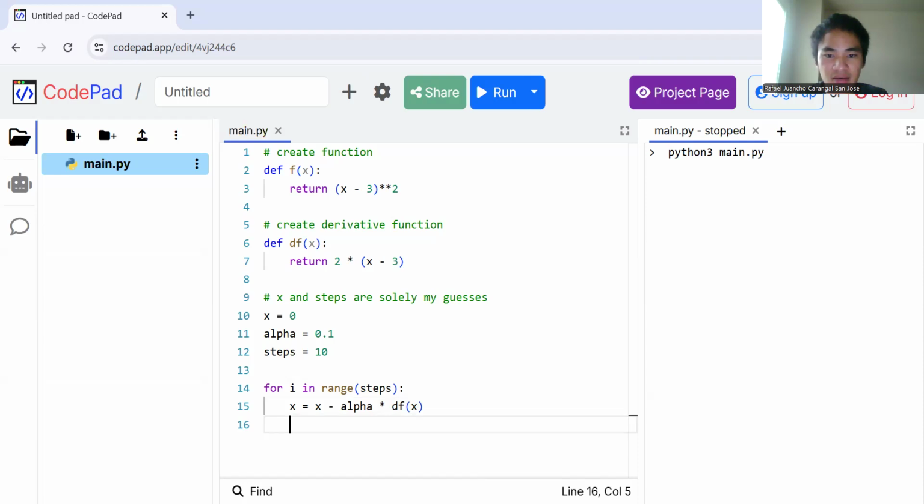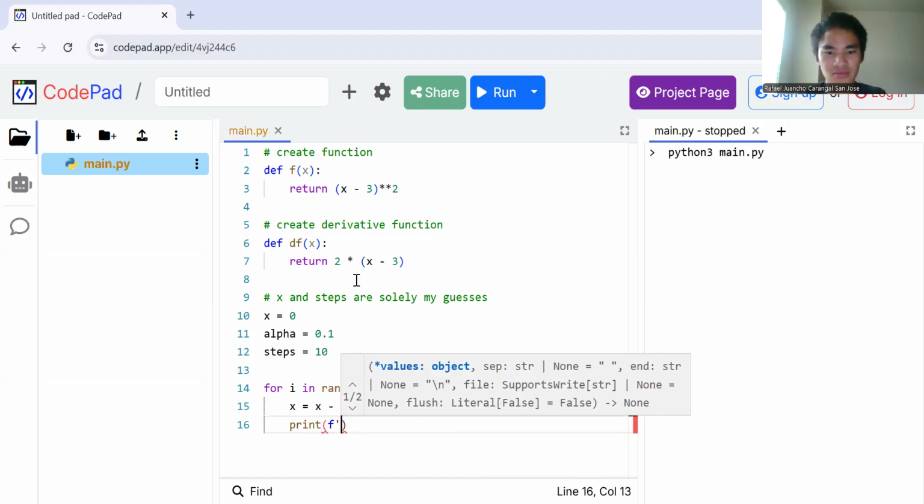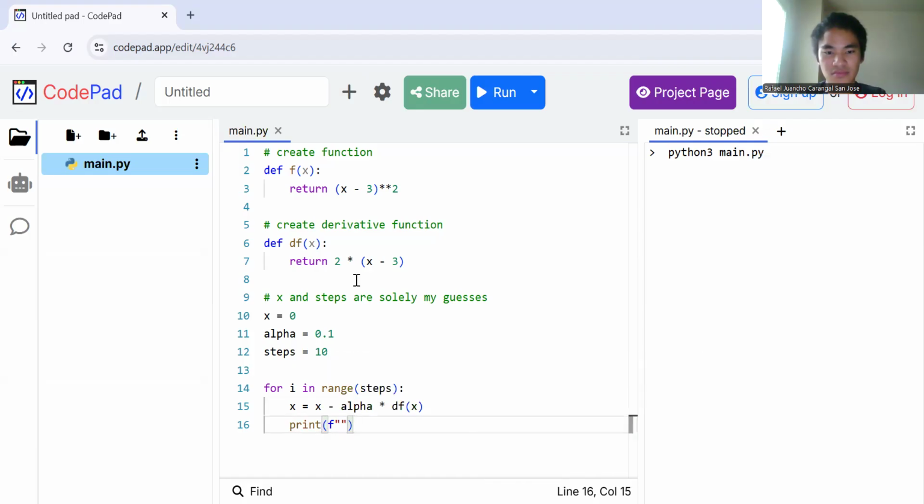Okay. And then from there, now we can print at each step, right? So while we're doing this, I want to print this at each step. So step, we're going to put that step there.